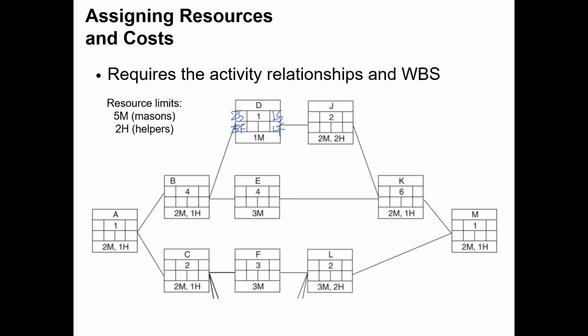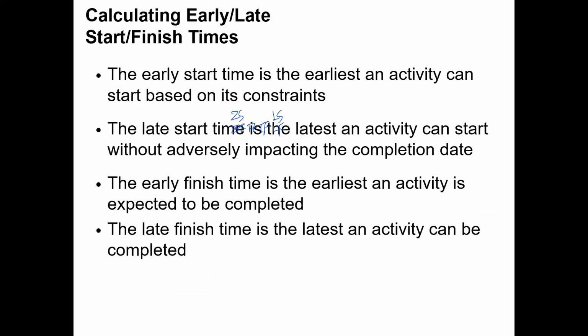And in the meantime, you have another 2 things we call free float and total float. We will explain later, right? So coming to here, the early start time you need to keep in mind. The early start time is the earliest an activity can start based on limited resources or limited whatever, right? Based on its constraints.